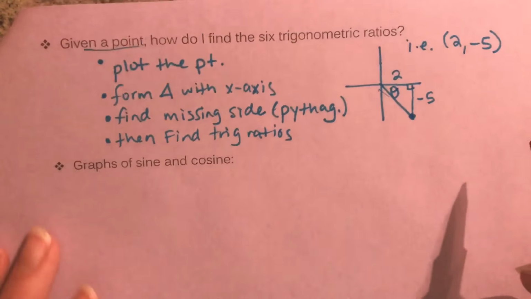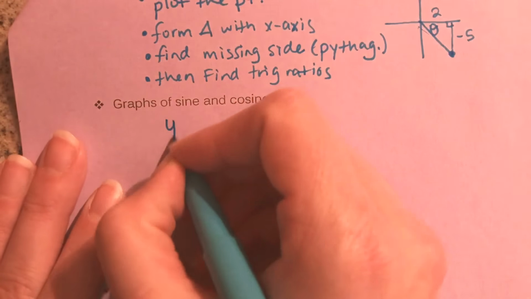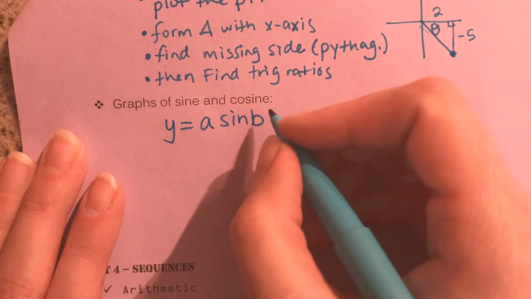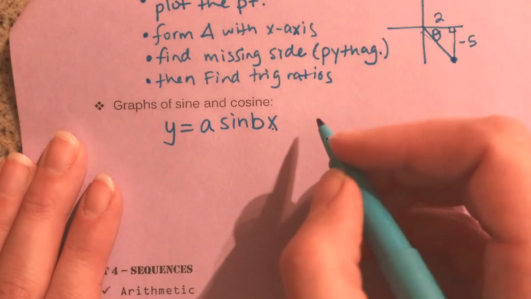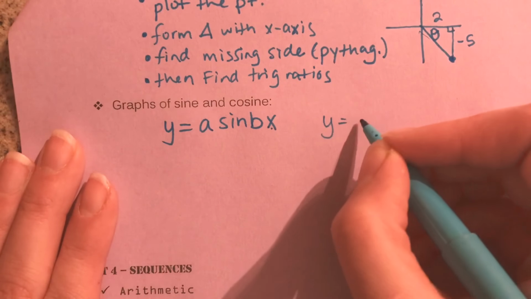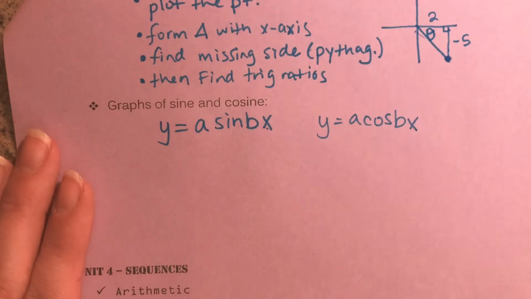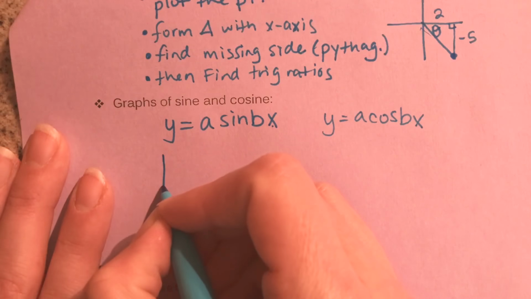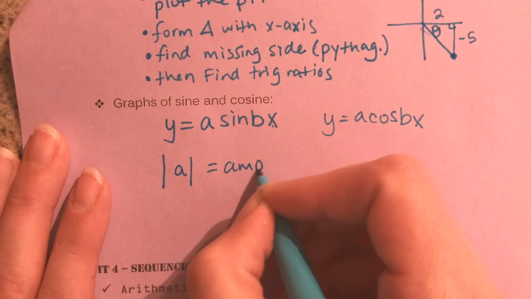And the last section we worked on was the graphs. So we had, if our equation looked like this, it could be an angle, theta, or it can be x. And we also did cosine. So we found that the A stood for the amplitude.